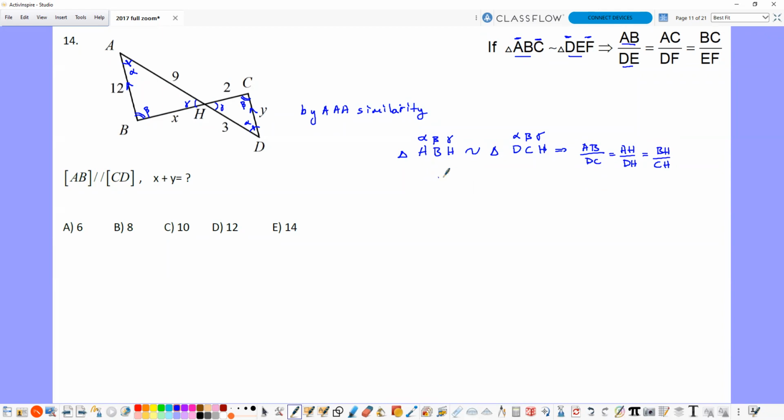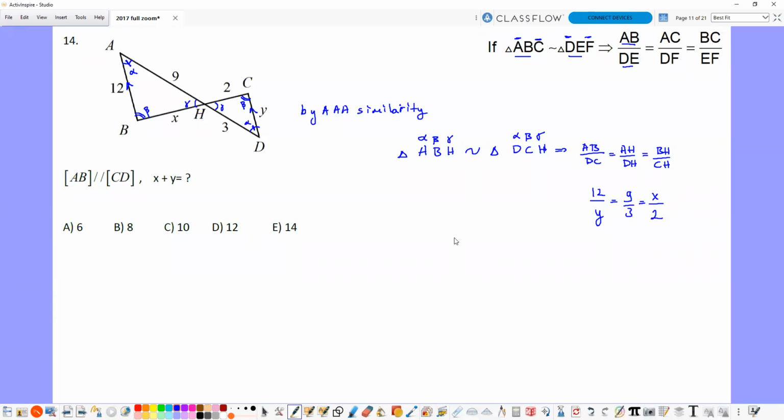AB is equal to 12 and DC is equal to Y. AH is equal to 9 and DH is equal to 3. BH is given as X and CH is equal to 2.